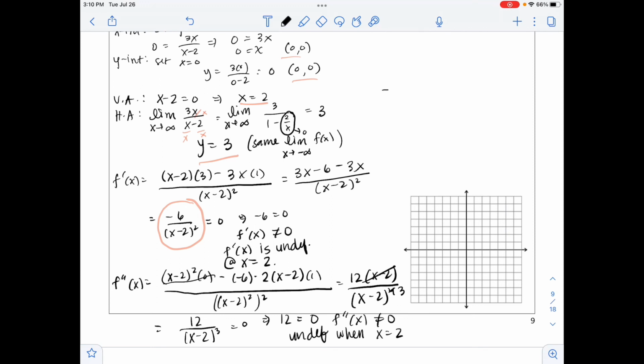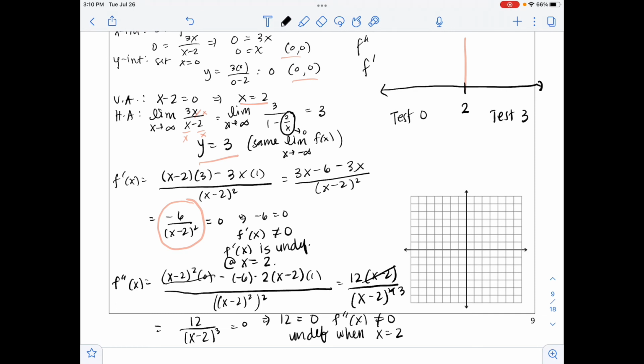But we need to still graph this, so let's go ahead and draw our number line. And again, the only value that we have to look at is at 2. And I'm going to go ahead and put f prime and f double prime on my graph. So testing something smaller than 2, we'll test 0. Larger than 2, we can test 3.